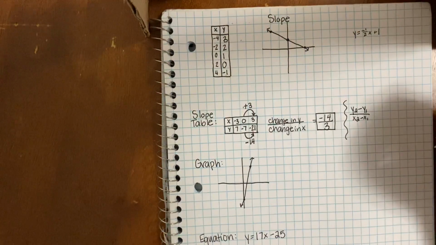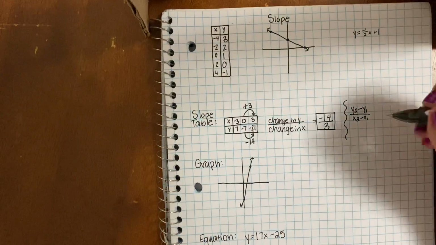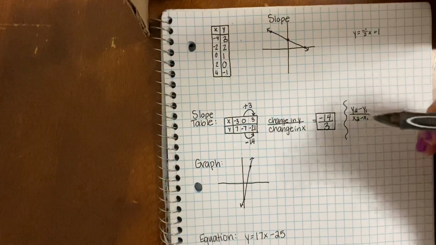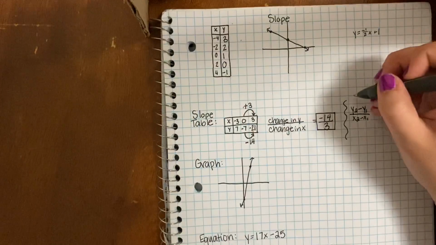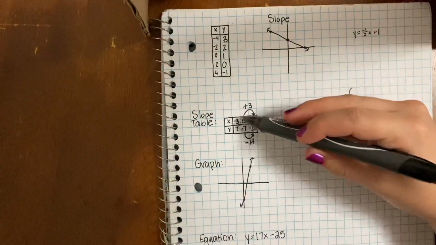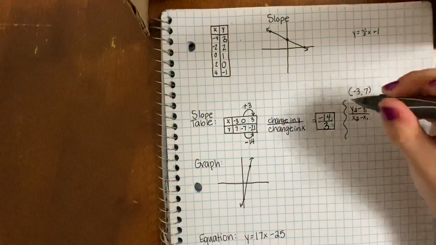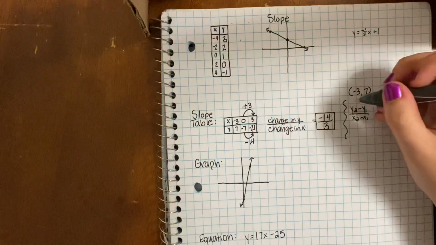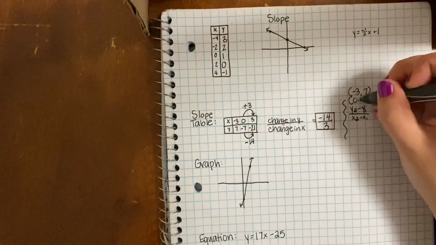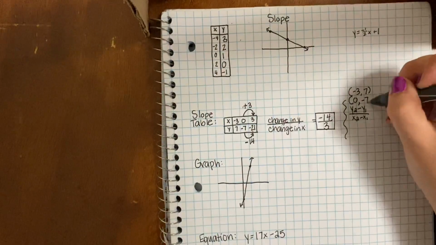All right, so let's go ahead and choose coordinate points. I'm going to choose 2 different ones this time. I'm going to choose the points -3 and 7, and let's do 0 and 7. Sorry, 0 and -7.